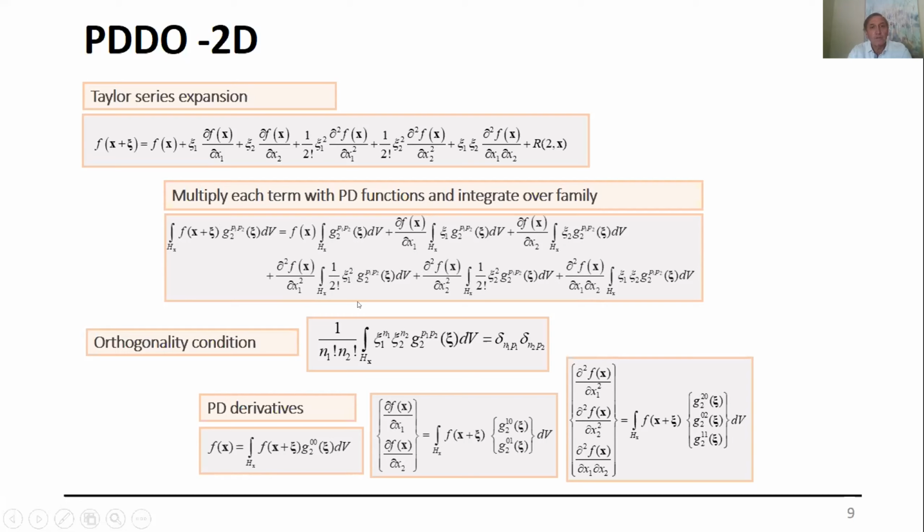So the coefficient of this should be equal to 1. All the other coefficients associated with these integrals should be equal to 0, right? Then that gives me the second order derivative of f by just integrating what you see on the left-hand side here. If you're interested in the cross derivative, x1 and x2, then these coefficients will be equal to 0, and this one will be equal to 1. That way, we construct the orthogonality condition here.